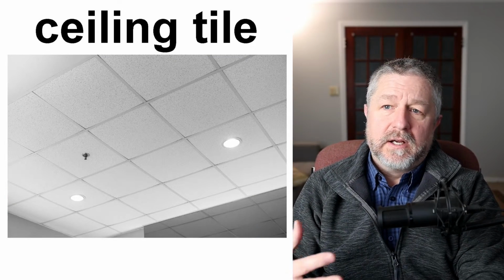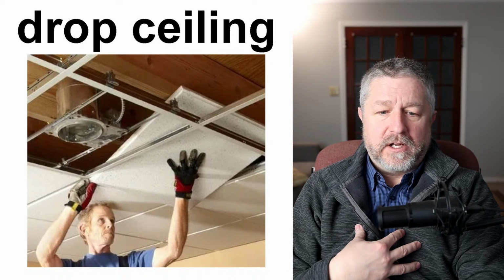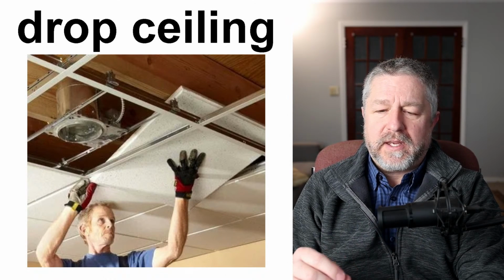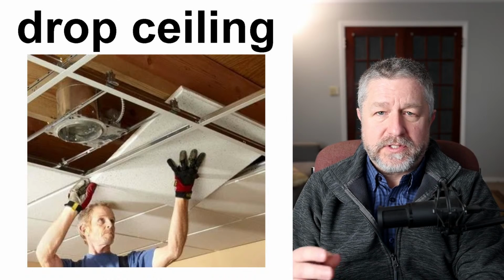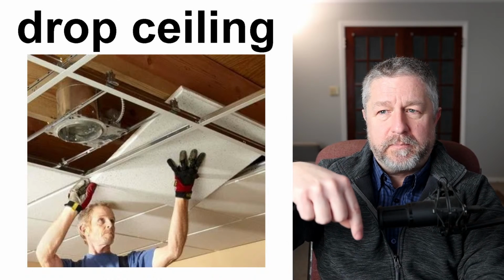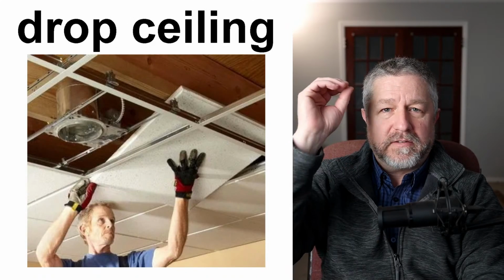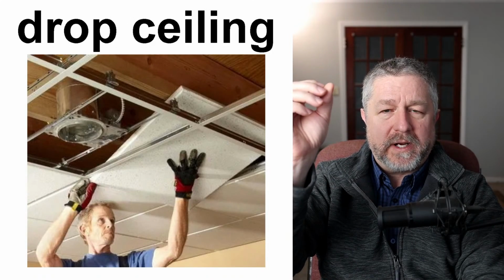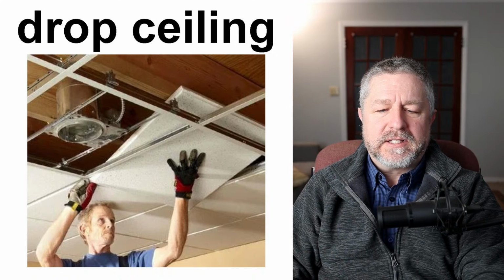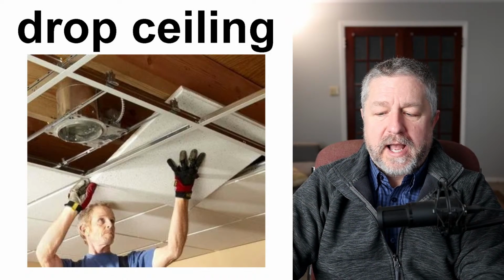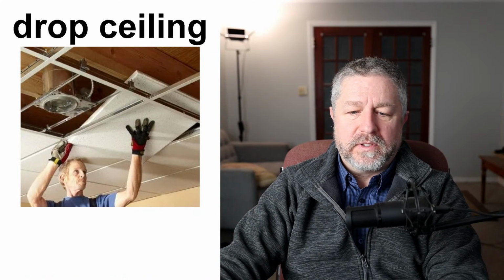Very handy. Our basement doesn't have a drop ceiling, but it is common in Canada to do the same thing in the basement of a house for the same reason. By the way, the basement is the room in the ground of a house, because there's lots of pipes and electrical wires in the ceiling. It's nice to put a drop ceiling in with ceiling tiles so that you have access if you need to.